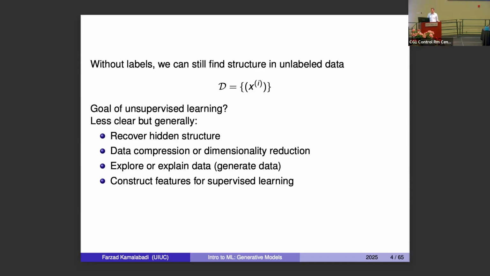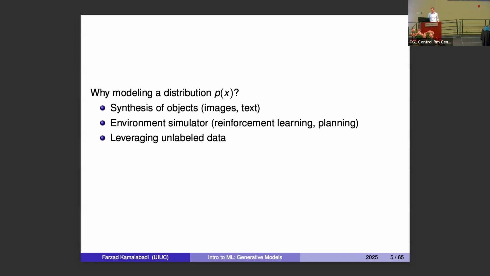Explore or explain data. We already talked about the generative data, and construct features of supervised learning. So this is exactly what I talked about. Robert echoed that, the idea that yes, we can generate labeled data. Object synthesis, we have already seen this in terms of generative pre-trained transformers, for example, with images and text.